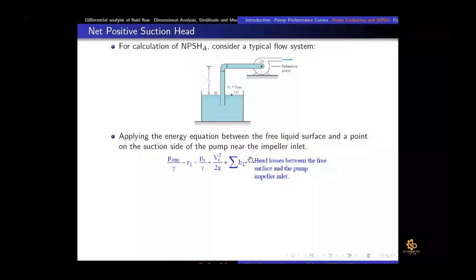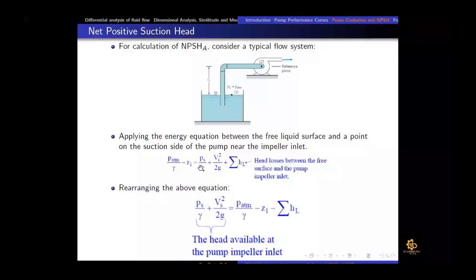If we rearrange, PS upon gamma plus Vs square upon 2g is the stagnation pressure, or available head at the pump impeller inlet, and because we need to subtract PV upon gamma, on the left hand side it becomes equal to net positive suction head available.